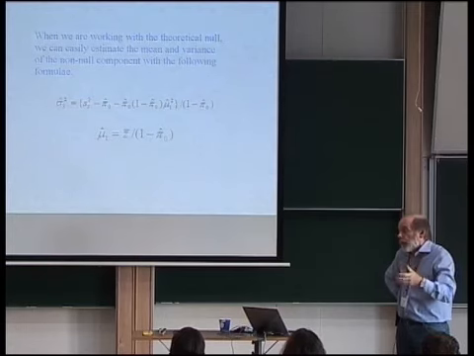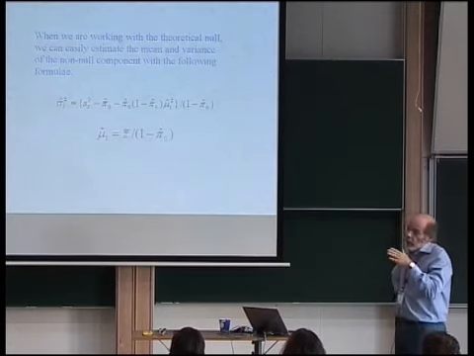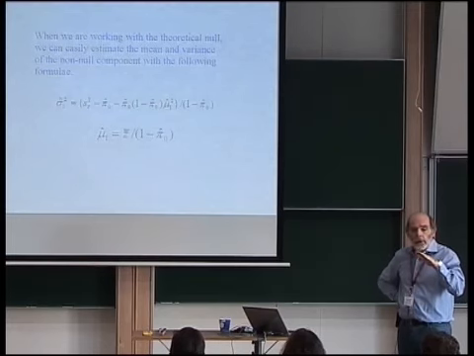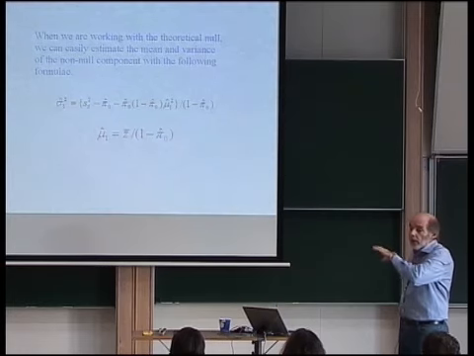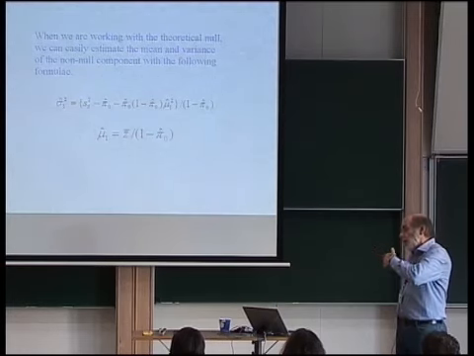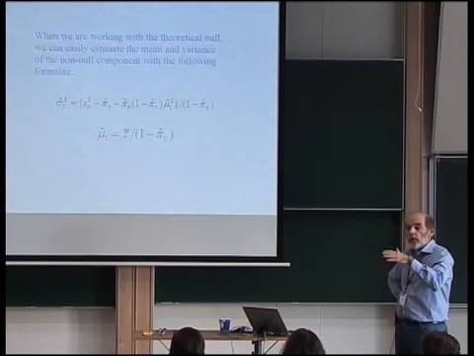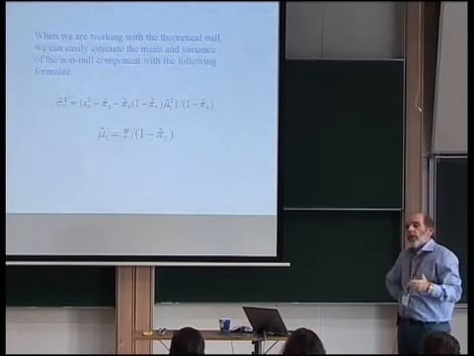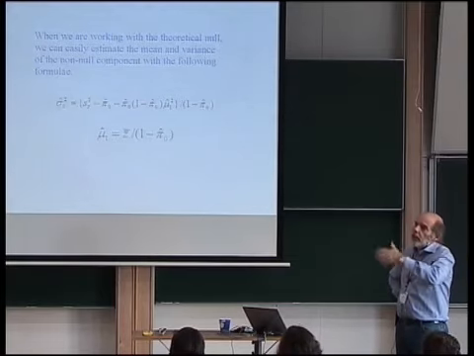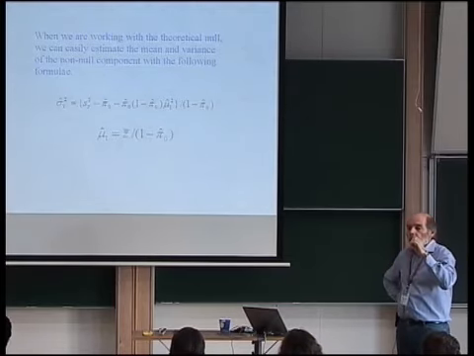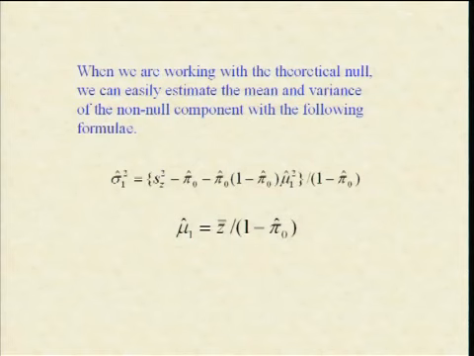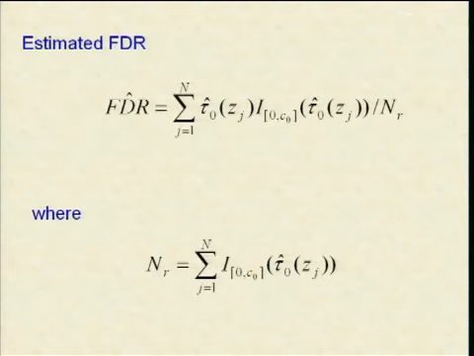If you want to speed things up, you can get a good idea what the value of pi naught must be if you go to the left-hand side of the histogram of the z-scores, because on the left-hand side it should be behaving like a standard normal weighted by pi naught. So if you go far enough out and take the area to the left of that point, that should be roughly the area under a standard normal weighted by pi naught. So you can get a good idea what pi naught should be.